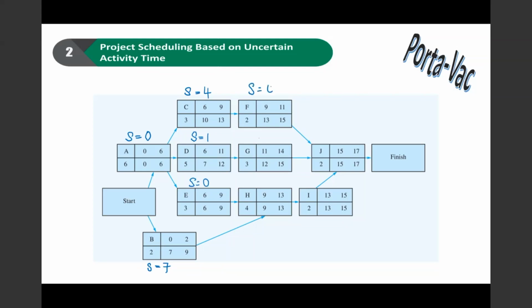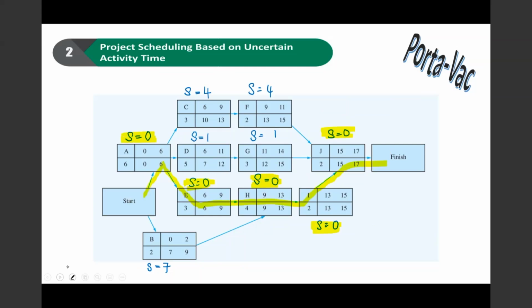Activity G, 5 minus 4 is 1. Activity H, 0. J, 0. I, 0. So activities with 0 slack: A, then your path A to E to H to I to J and to finish.